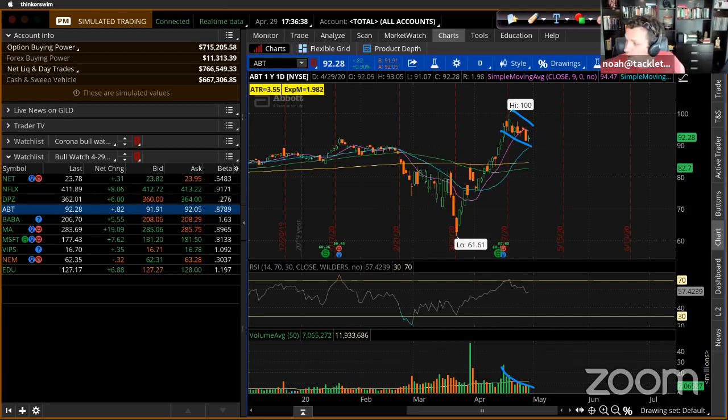And again, on this one, me personally, I'd say my trigger, I'd want it to clear that 9 period moving average and the flag. I'd like to see a candlestick get up here to give me that signal. But this one could be something where you could enter if it goes up here, enter and buy.